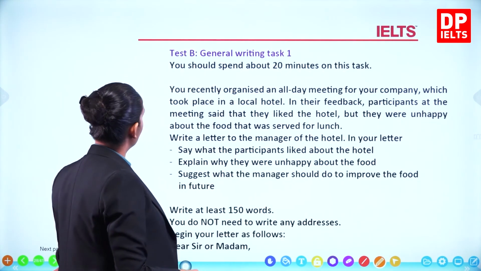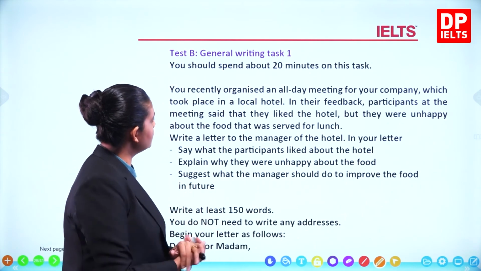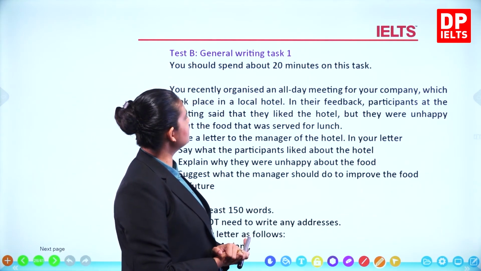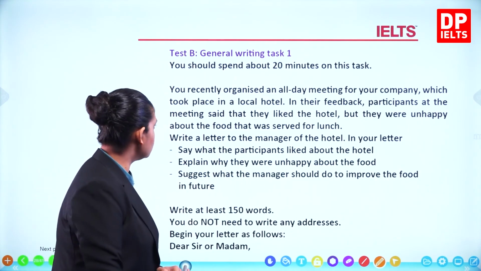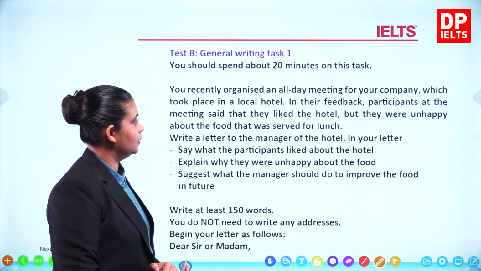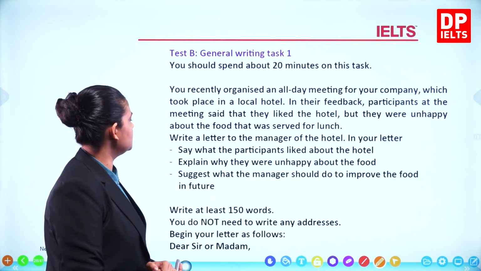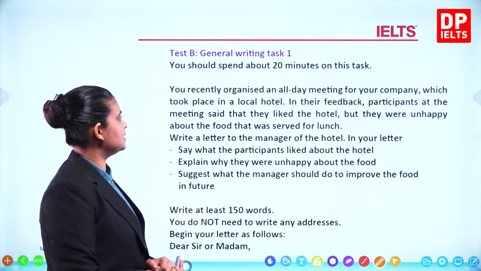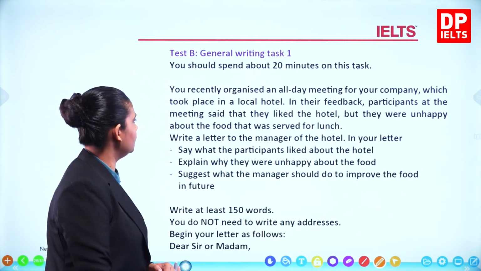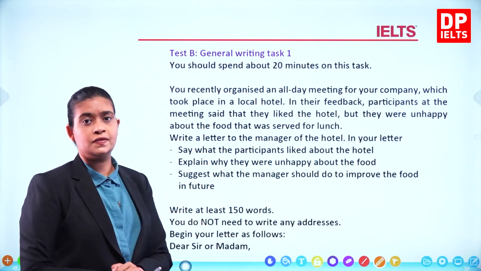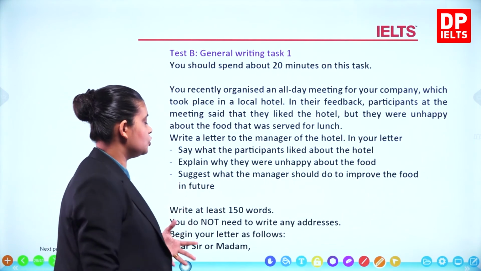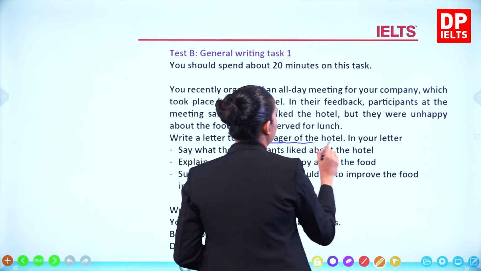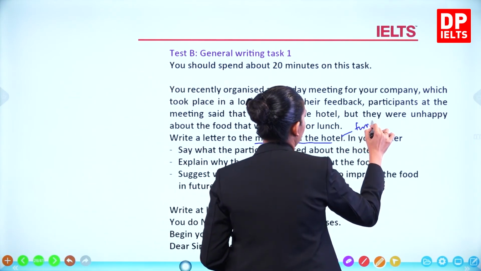All right, so we'll have a look at another task here. You recently organized an all-day meeting for your company, which took place in a local hotel. In their feedback, participants at the meeting said that they liked the hotel, but they were unhappy about the food that was served for lunch. So you need to write a letter to the manager of the hotel, which is a formal letter.